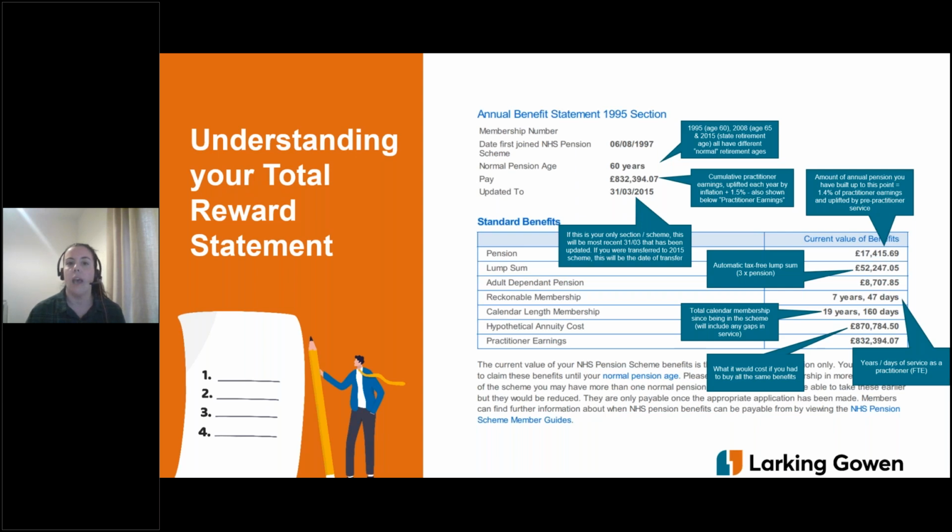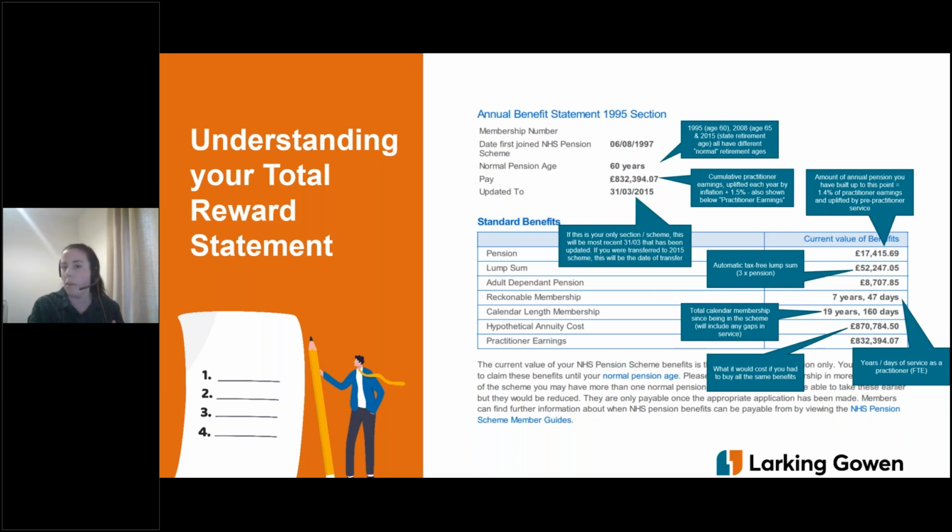Skipping down a couple, the reckonable membership. So this is the pre-practitioner earnings. Apologies, I've put a slight typo, and I was looking at this today and my mind went blank as to what that is. But apologies, reckonable membership is your pre-practitioner, not practitioner. Now, again, it's whole time equivalent, so it's not calendar years.